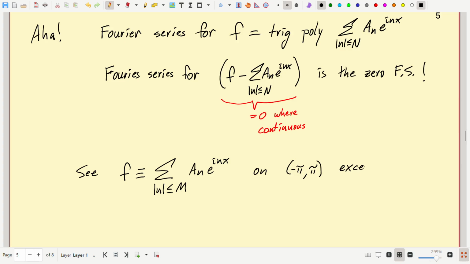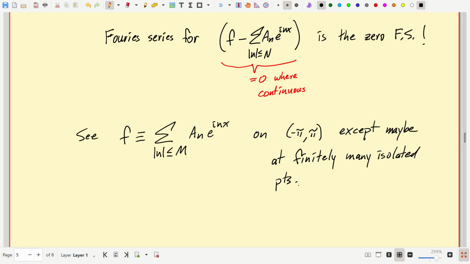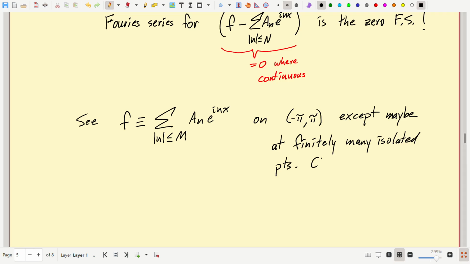Except maybe at finitely many points. Just change the values of those finitely many points. So in fact, there are finitely many isolated points. Change the values there. It doesn't change any of the Fourier coefficients or anything else.